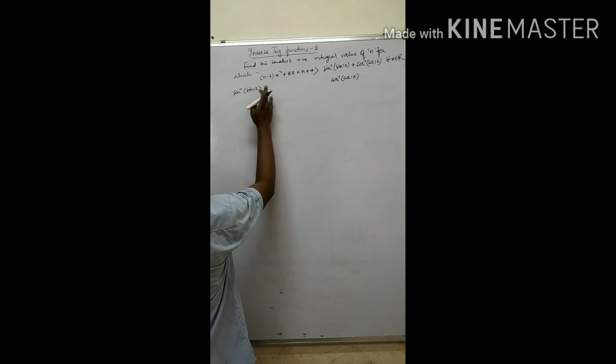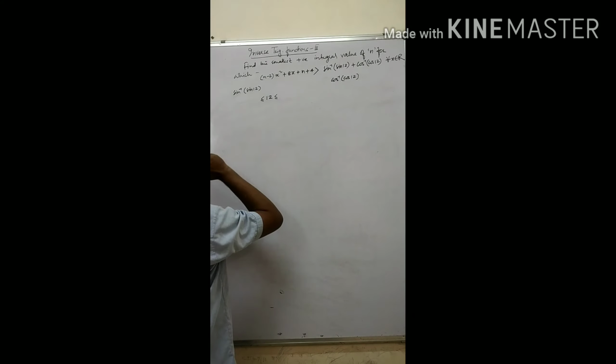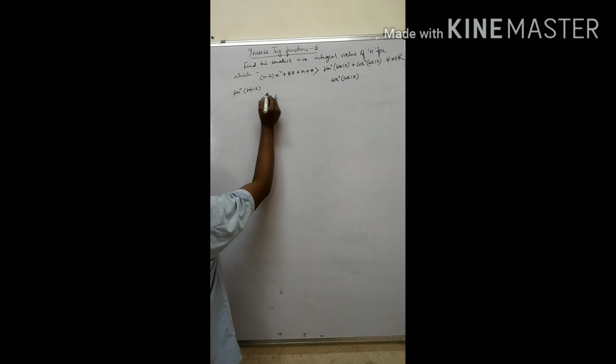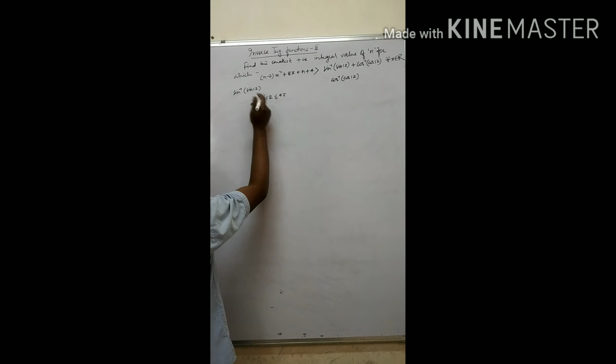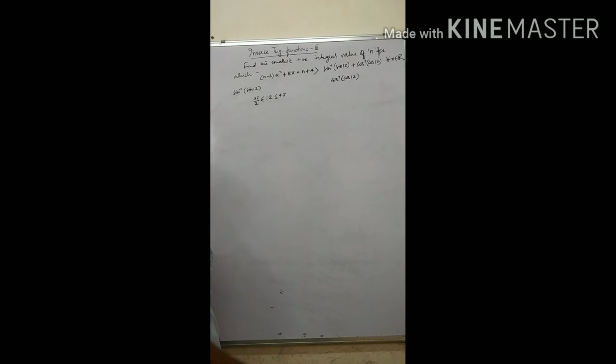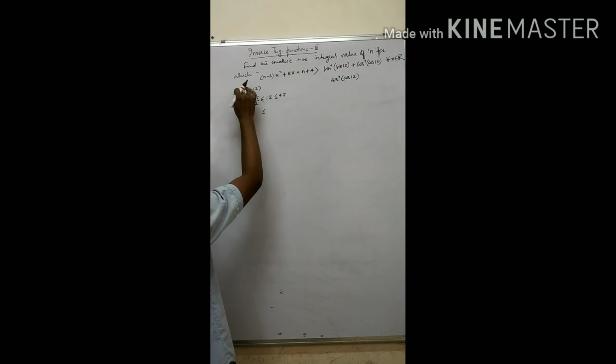The sin inverse of sin of 12 is definitely not going to be equal to 12, so we'll check where 12 lies. 12 is lying between 7 pi by 2 and 4 pi, which is 12 point something.